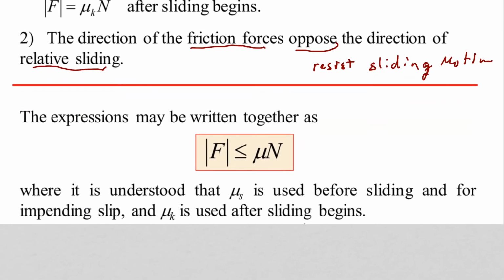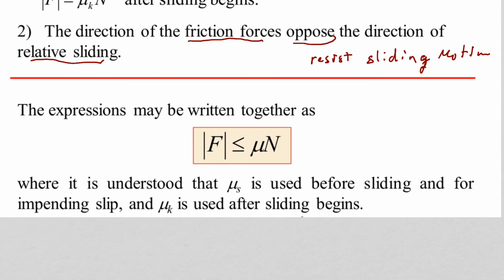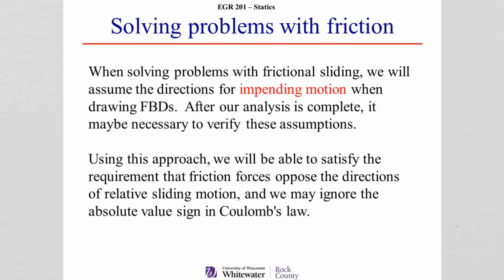And last, typically we don't always use these absolute value signs. We just know which direction it is, and it's understood that this mu sub s is for static friction, up to impending motion, and then if we have sliding, we use our kinetic friction.